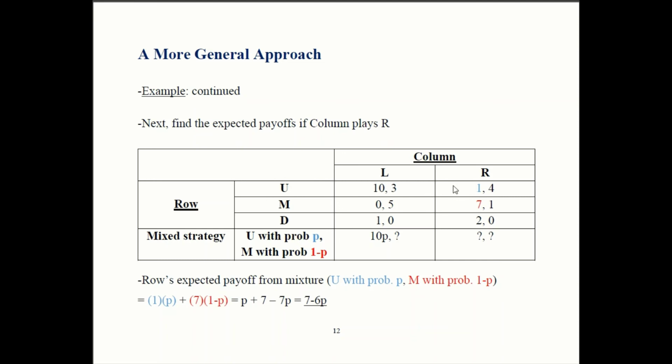And if we do that and they're playing right, we get a payoff of 1. We're getting 1 with probability P, so that means we get 1 times P in expected value. Now let's look at the other part. We're playing M with probability 1 minus P.